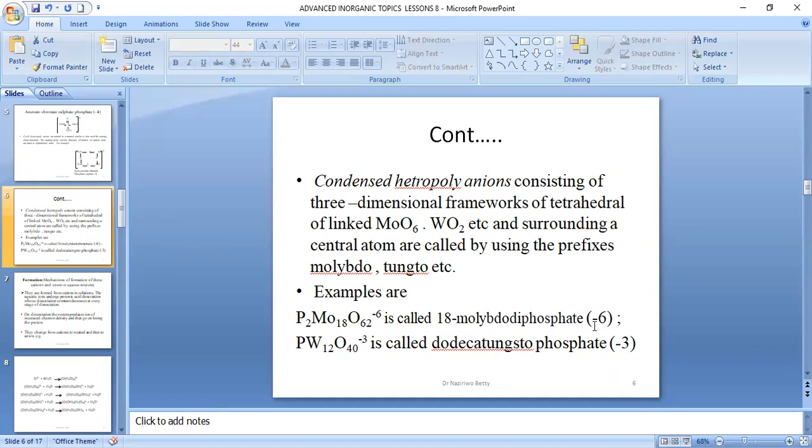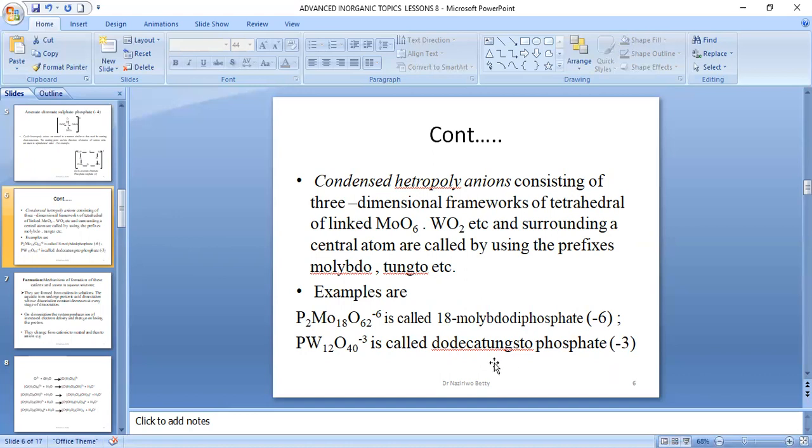Remember to write the oxidation state at the end of the name. So this one has -6. 18 molybdo, we have 18 molybdenum atoms. Then diphosphate, di means 2 phosphorus atoms. So the name will be 18-molybdodiphosphate -6.